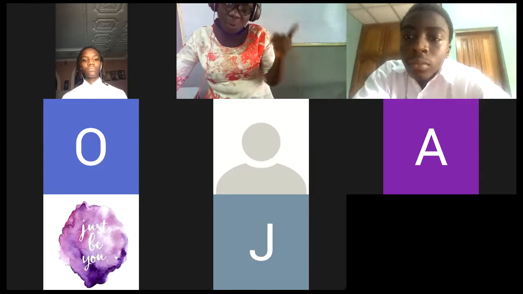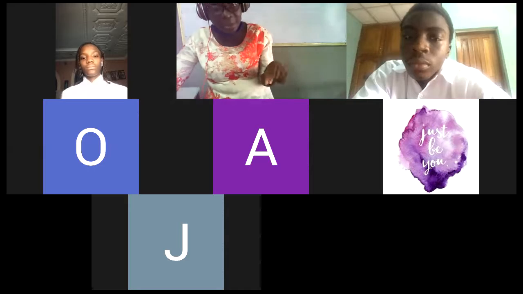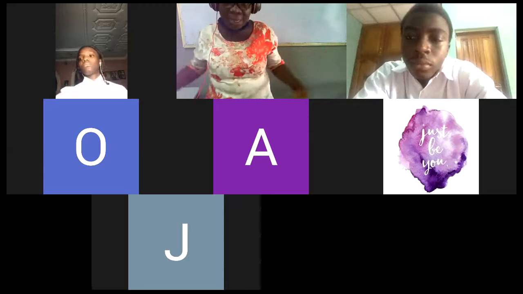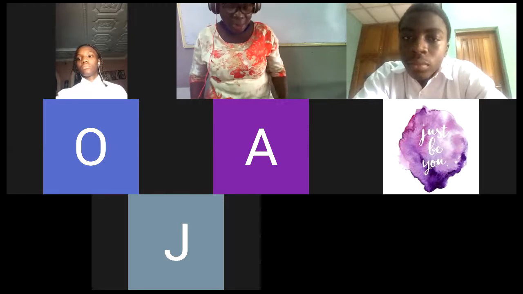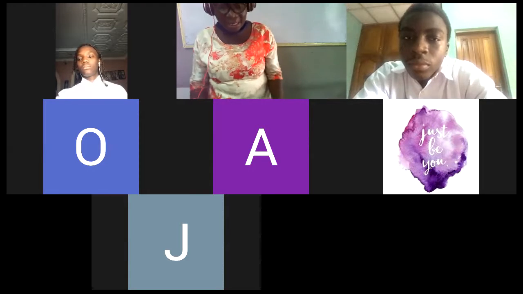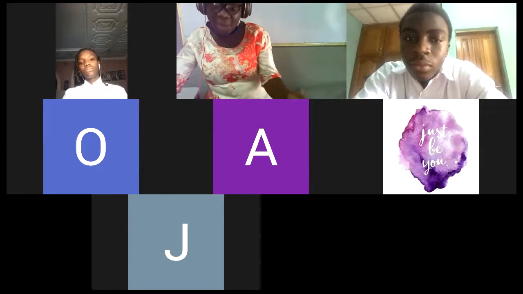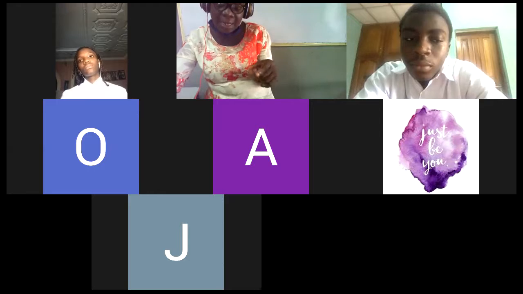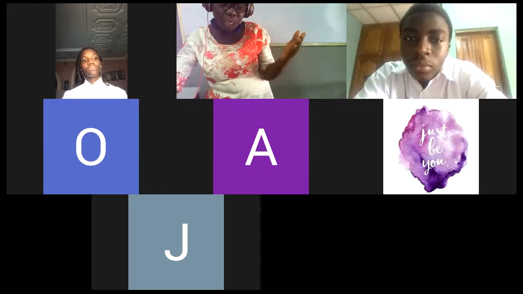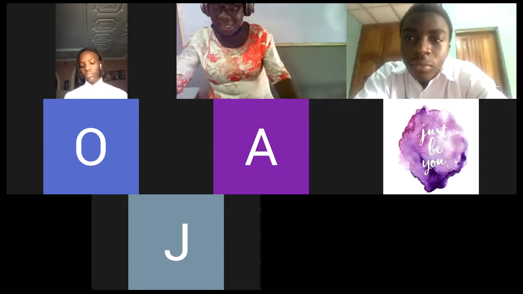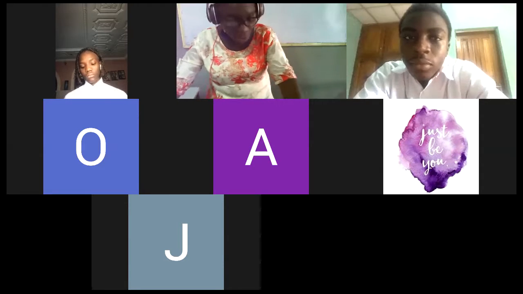And again, the diaphragm changing from the dome shape to become flat will also help in increasing the chest cavity. So Aduma, continue from there.